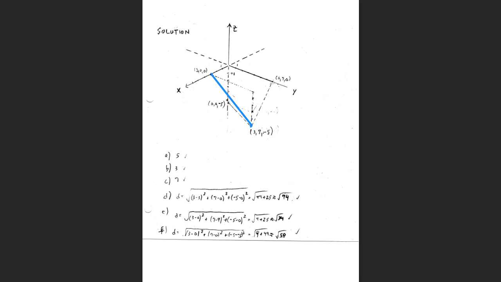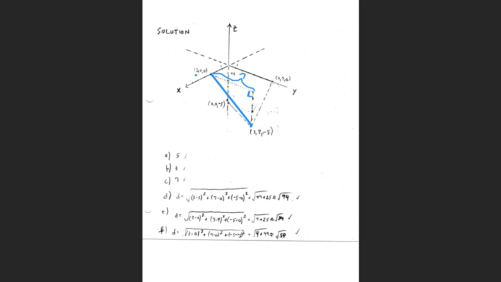That's the distance from (3, 7, -5) to the point (3, 0, 0). So you can create a little right triangle here if you wanted. And this distance here is 7.